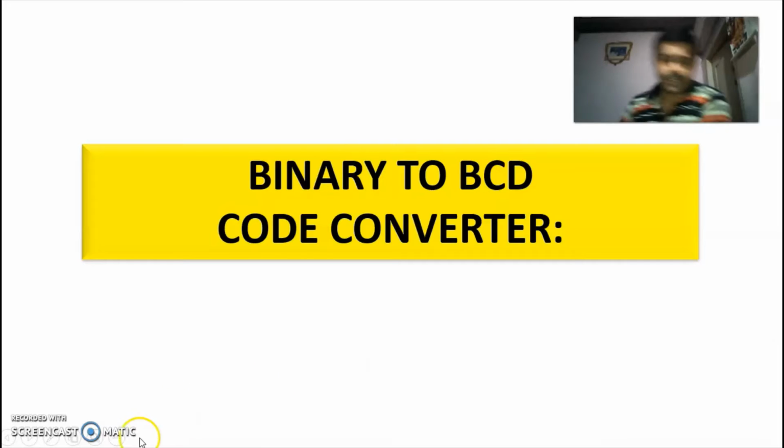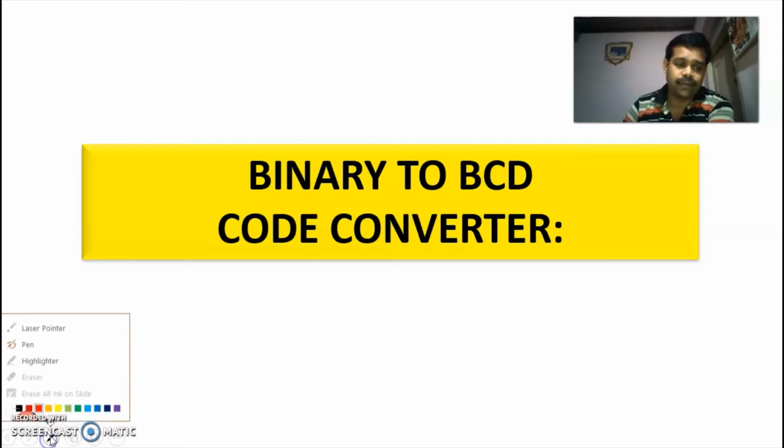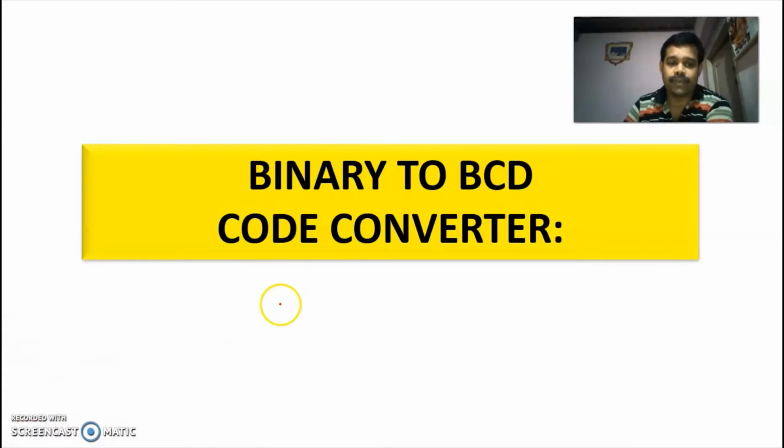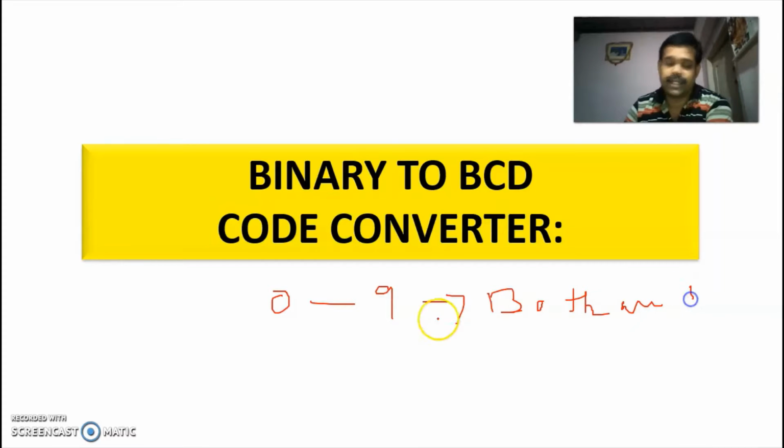Before going to the binary to BCD code converter, we have to see something. From 0 to 9, both binary and BCD are the same. For 10, in binary it is 1010.